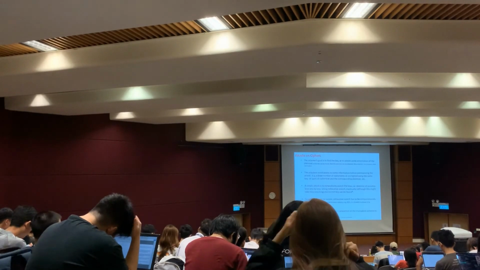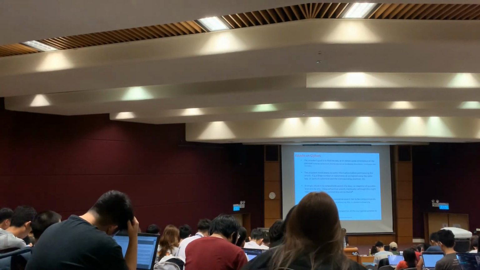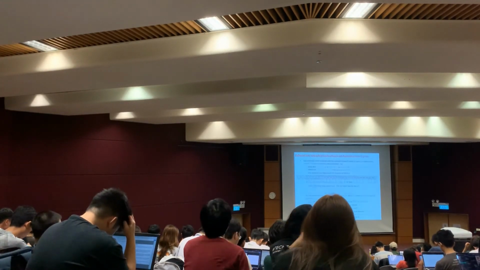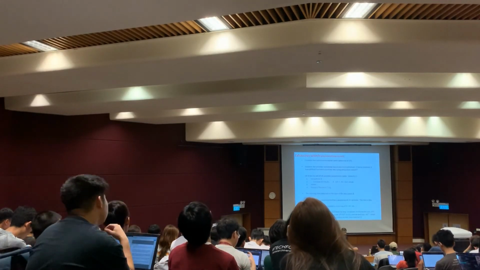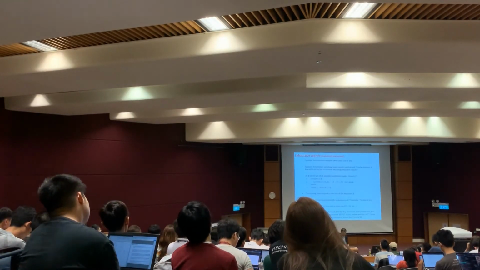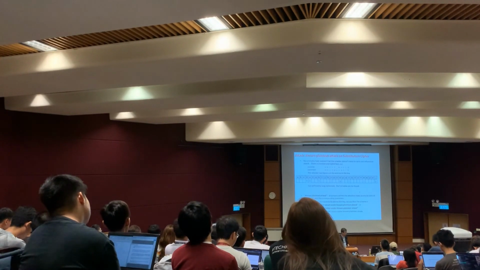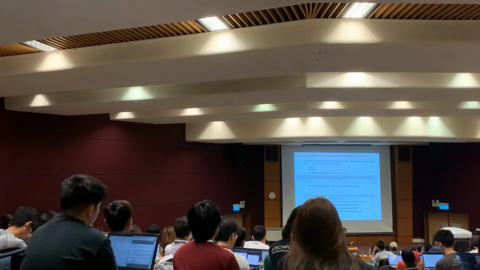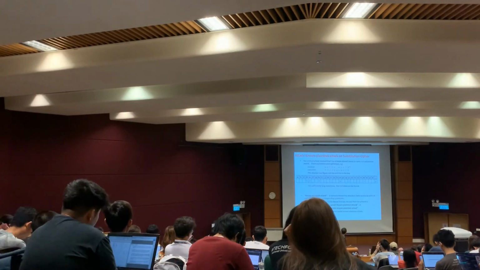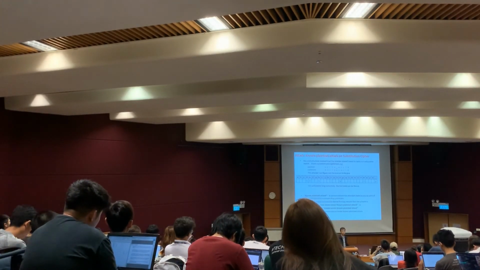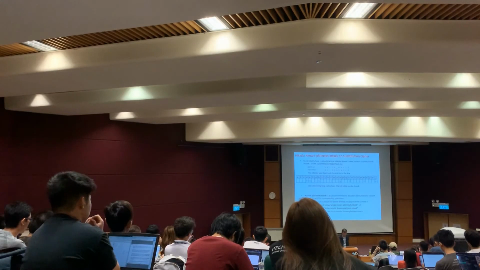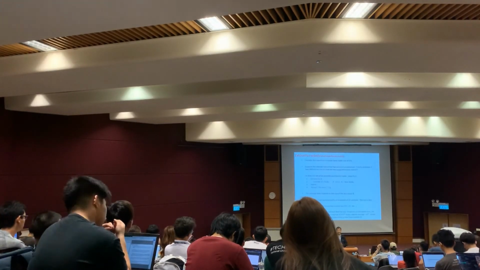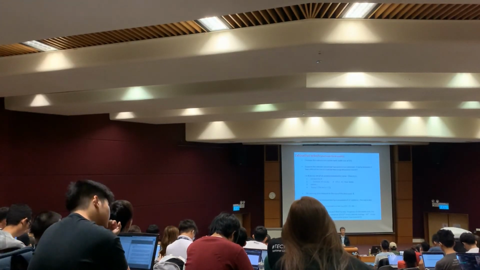Suppose the attacker has the plain text and the corresponding ciphertext, like this one. You are the attacker, you know the plain text, and you know the ciphertext. You get these two pieces of information, and your goal is to find the key.